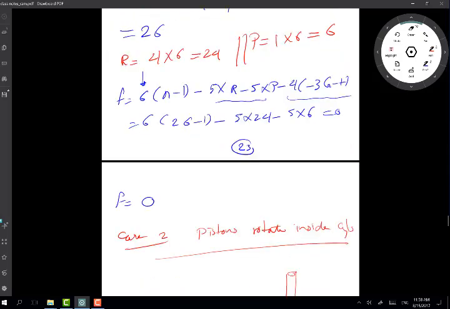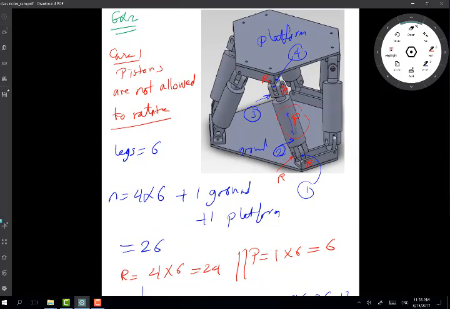By the way, when you control the platform, your 6 degrees of freedom are the 6 motions provided by those actuators here.